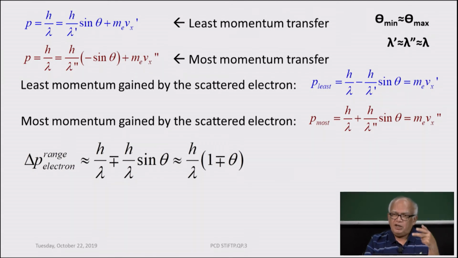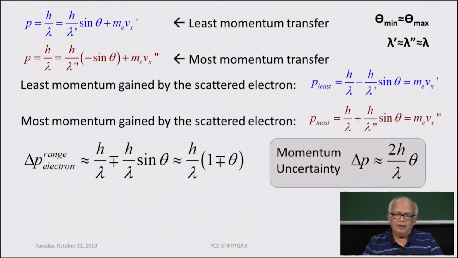So, the range of momentum that the scattered electron would have will be h over lambda times 1 plus or minus theta, because you are narrowing down theta as much as possible. So, this is a small angle and you may approximate sin theta to theta in this approximation, right.